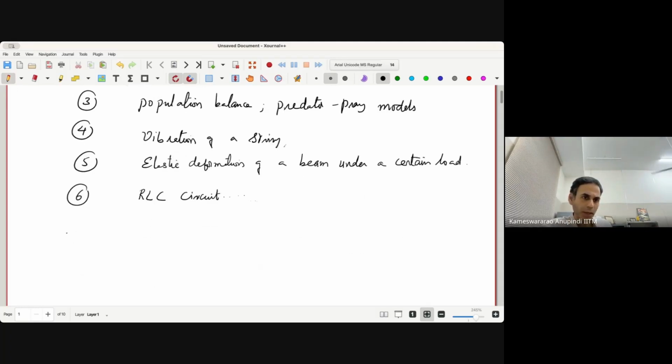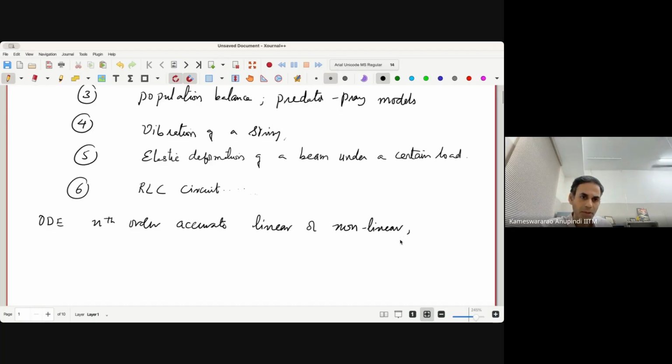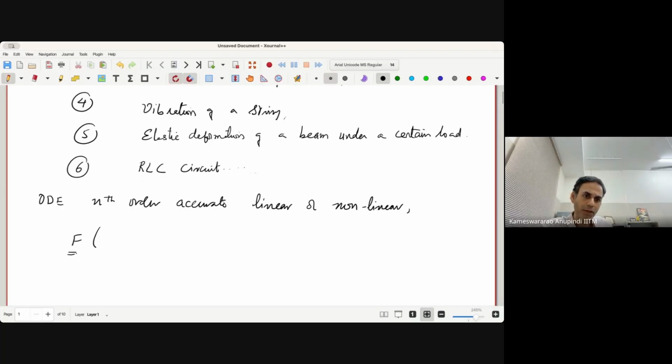In general, we can write an nth order ordinary differential equation, whether it is linear or nonlinear, using some function f, which could be linear or nonlinear, as a function of x, y, dy/dx, d squared y/dx squared, d cubed y/dx cubed, and so on, up to d to the power n y/dx to the power n, equal to 0.